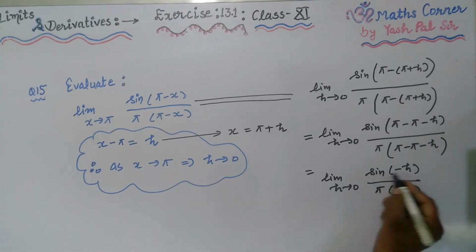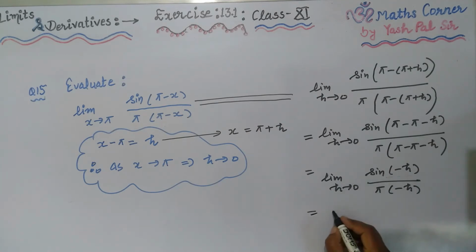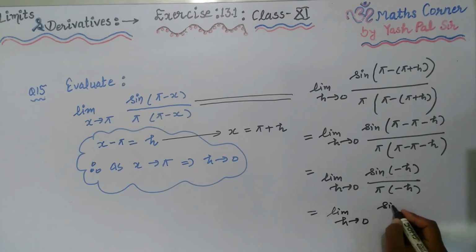So sin of minus theta is equal to minus sin theta, so we can say limit h approaches 0 of minus sin h divided by minus pi h, right?